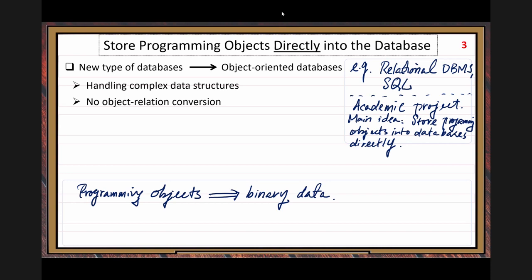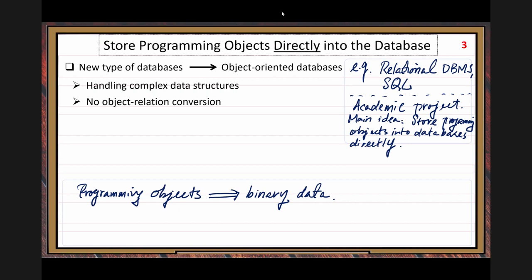Those researchers feel that is not convenient or efficient. So they want to skip the conversion step: just write objects directly into the database, then retrieve them from the database and use them directly in your projects. That's their idea.